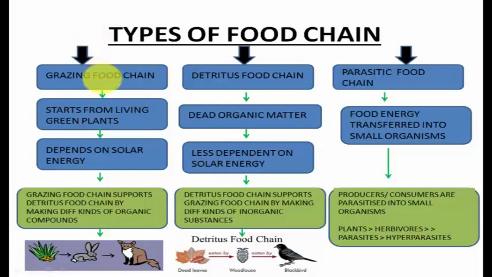Grazing food chain is very common where we have grassland areas, and detritus food chain is very common where we have dense forest. Now let's talk about parasitic food chain also. In a parasitic food chain, the food energy is transferred into a small organism. The producers and consumers are parasitized into a small organism. That is, it neither starts from a green plant nor from dead matter.